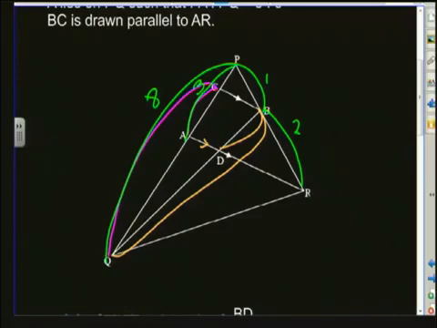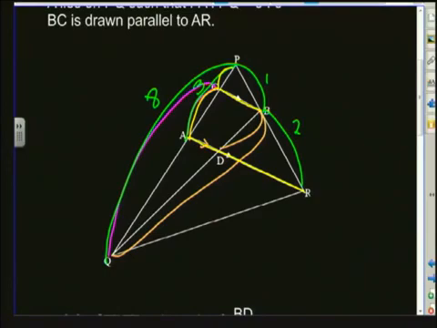Now guys, what we're going to do is using the parallel lines BC and AR, because we know that PB is to BR is 1:2, that means that this little section here, and we're going to put it in a different color, PC over CA must also be in the ratio of 1:2. And the reason for that is because CB is parallel to AR. So therefore we know PC over CA must also be in the ratio 1:2.